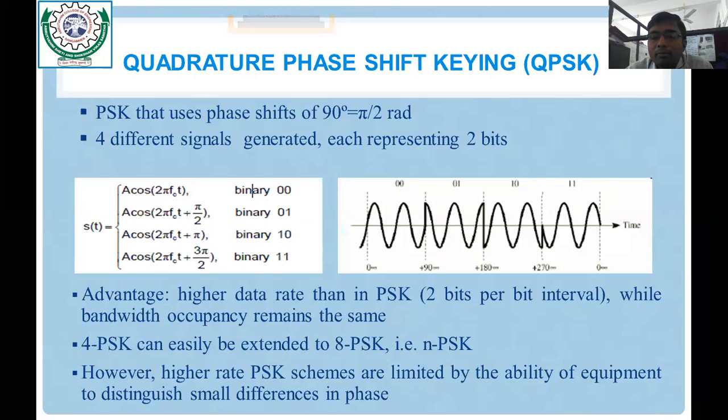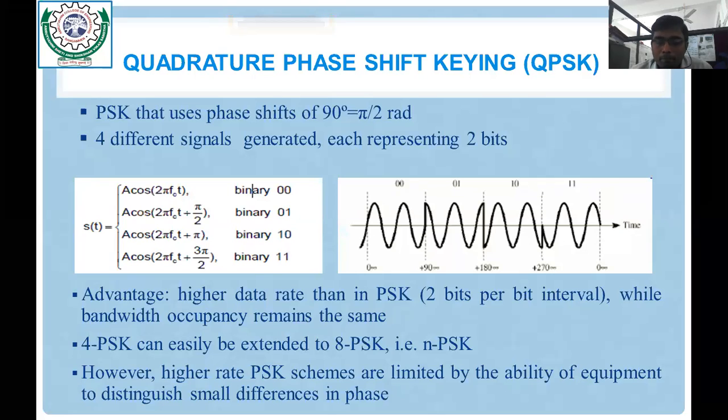What is the advantage of combining the bits? It increases the data rate in PSK, and at the same time our bandwidth is not affected. Bandwidth is the same, but our data rate is increased because we have combined two bits into one symbol. Similarly, beyond QPSK you can use 8-PSK, N-PSK, which is called M-ary signaling, that we will also learn after QPSK.